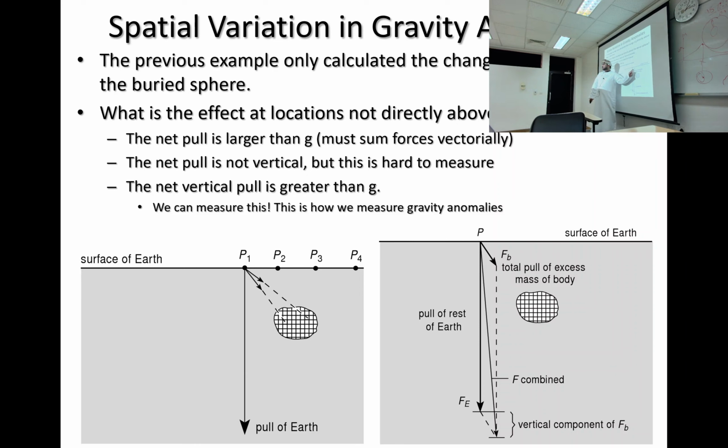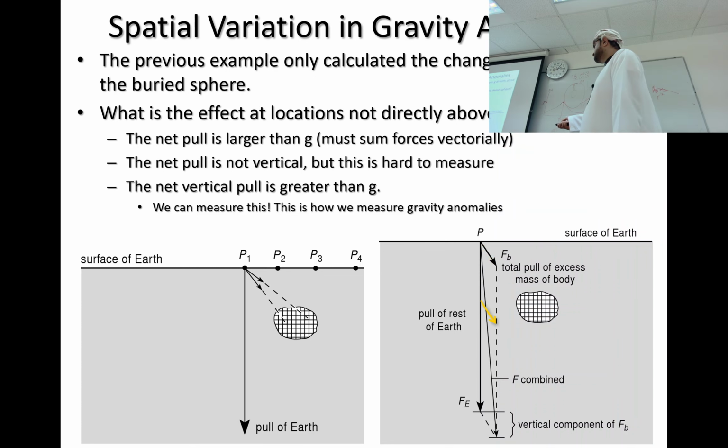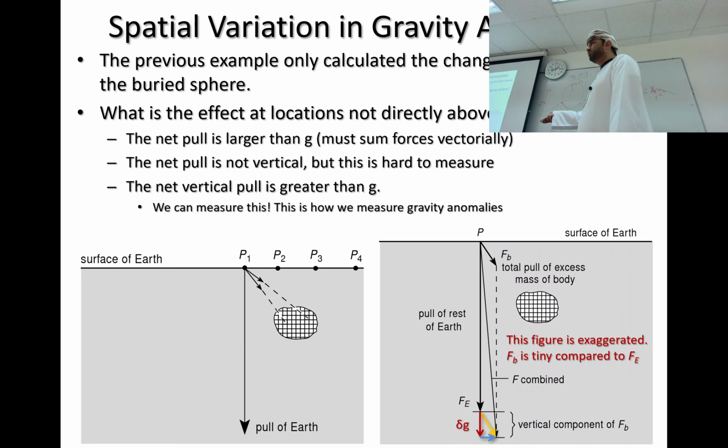The direct force between this body and the measurement point here is F body, and that's F Earth itself. But this has how many components? Horizontal and vertical components. So that small vertical component will add up to the overall. We try to measure it right now and find how much it could be. So we try to measure these small extra delta G.